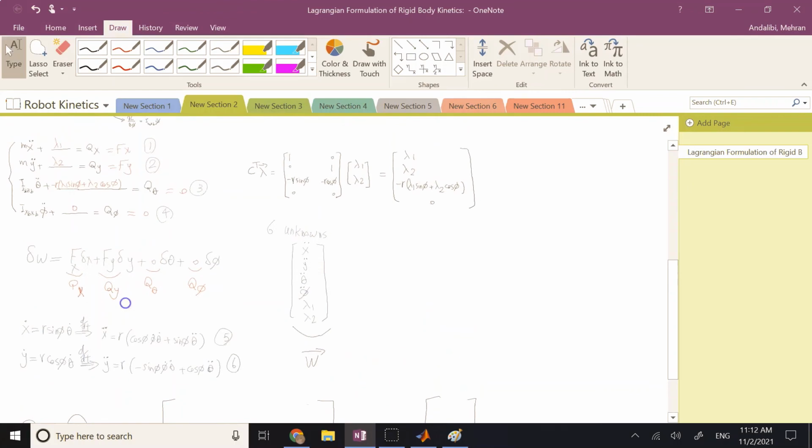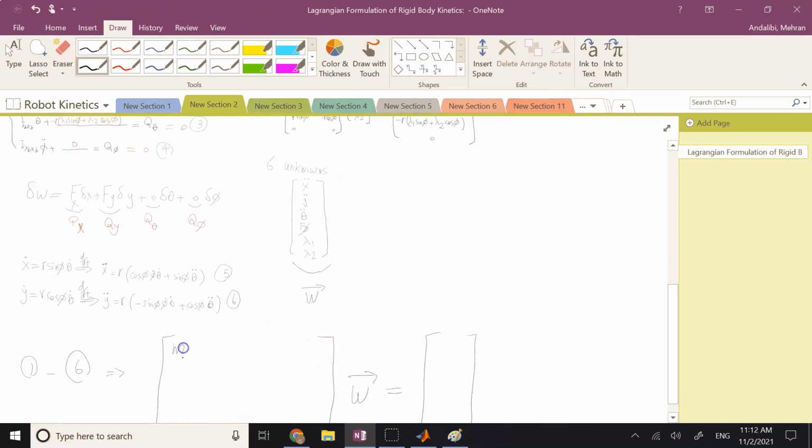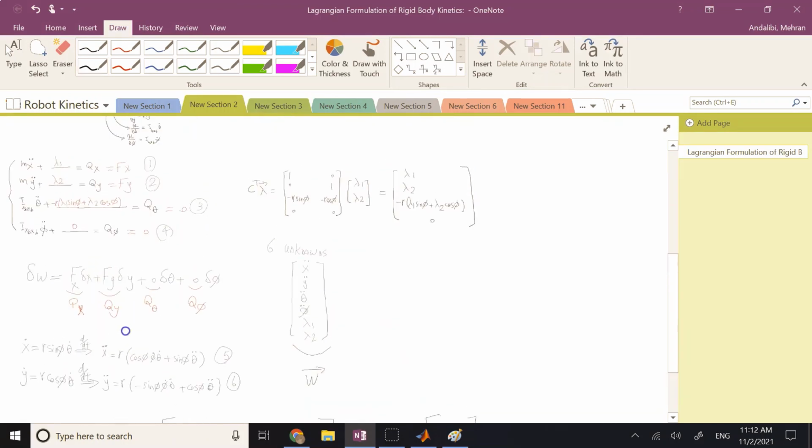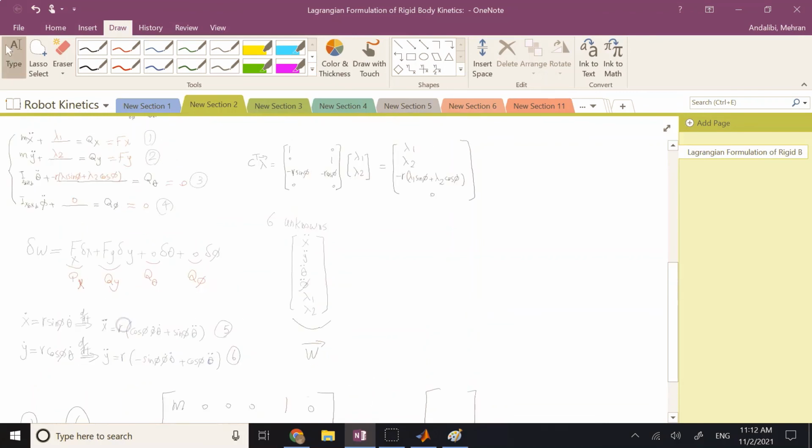And all you need is to write equations 1 to 6 into matrix format. So like the first one is going to be, all you see is m for x, and then no y, no theta, no phi. There is only one lambda, no lambda 2. The right hand side is f of x.